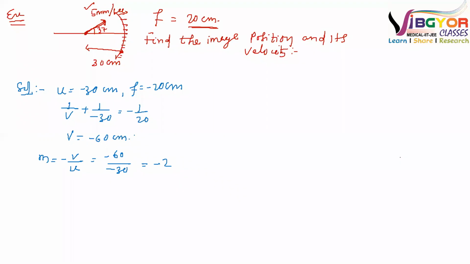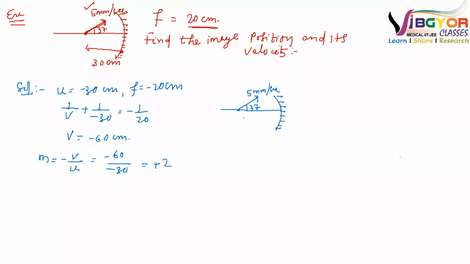And students, in this question, this is the mirror. Sir, write minus 2. So in this question, you are seeing this is 5 mm per second, and this is 37 degree.